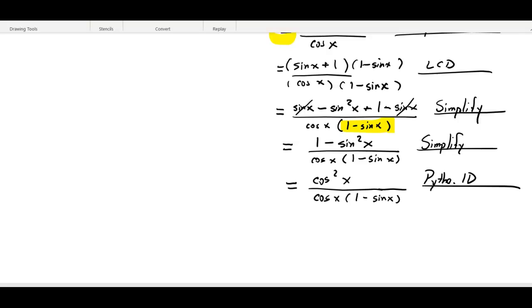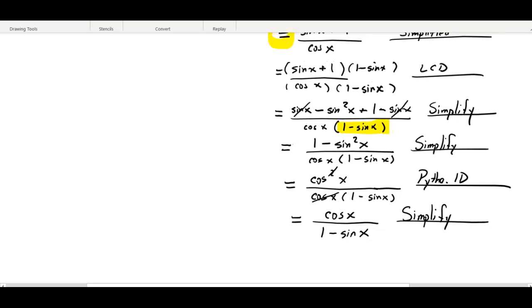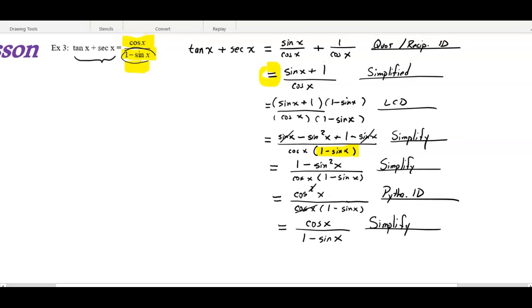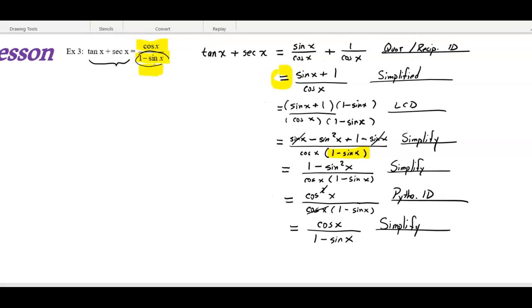Now, simplify, and that leaves me cosine of x over 1 minus sine of x. I simplify, and that is the end result in all its glory.